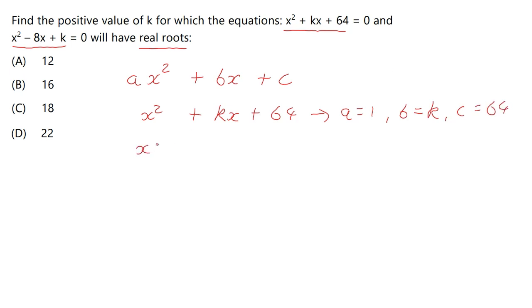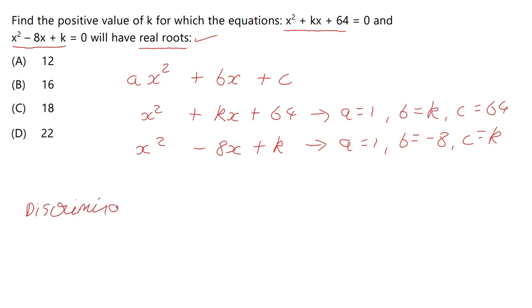In the next one, we have x square minus 8x plus k. And that means, again, a is equal to 1, b is equal to minus 8, and c is equal to k. Now, because they've said real roots, we use what is called the discriminant.